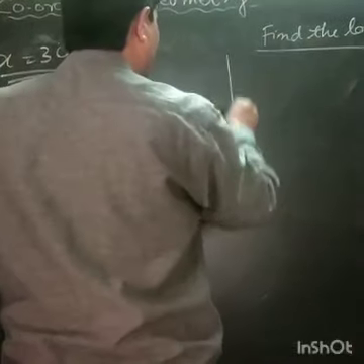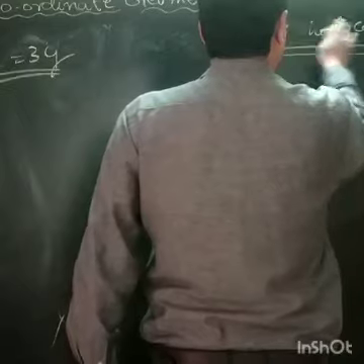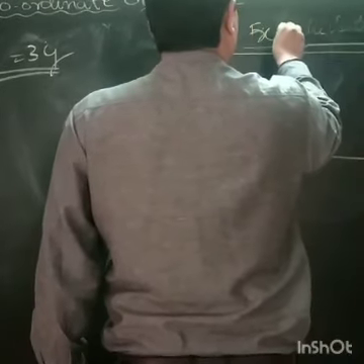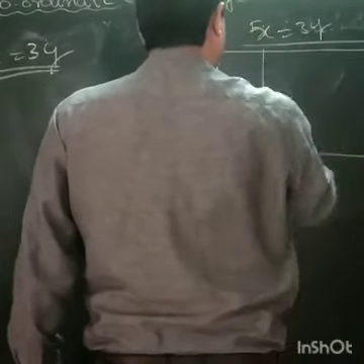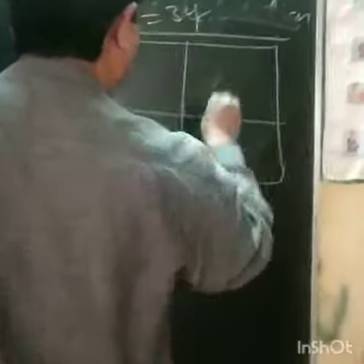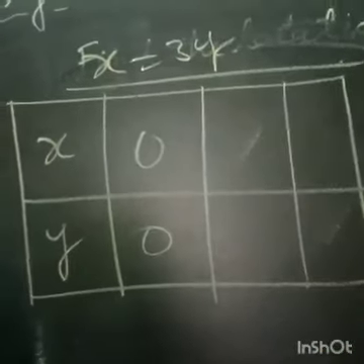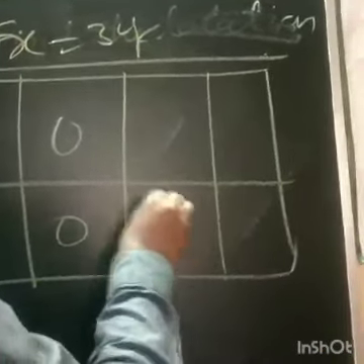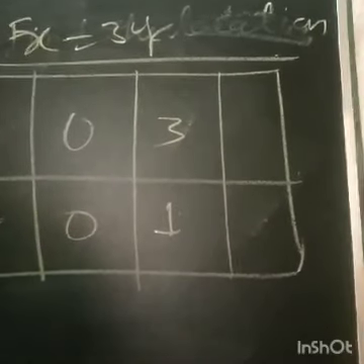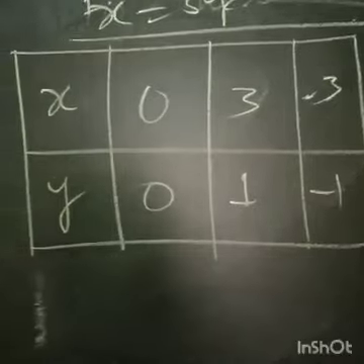Now make a table. Here it is x = 3y, here it is x, y. We have taken y as 0, then we have got x also 0. We have taken y as 1, then we have got x as 3. We have taken y as -1, then we have got -3.